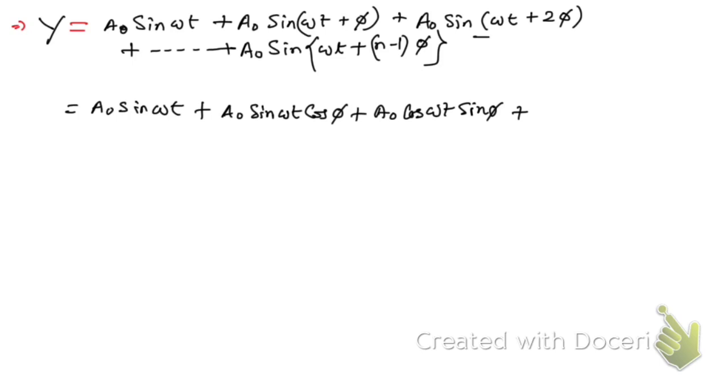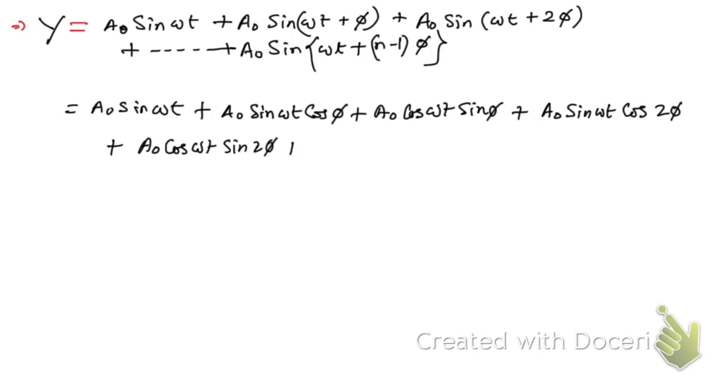Similarly, we get a naught sin omega t cos 2 phi plus a naught cos omega t sin 2 phi.